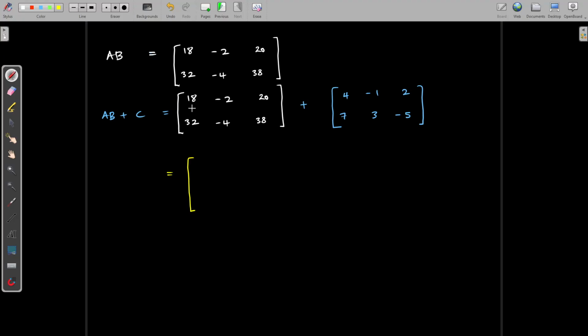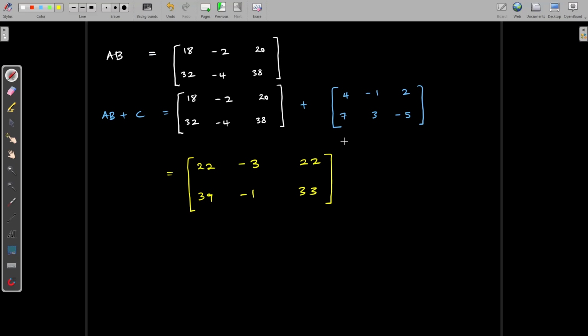So 18 would correspond with 4. So this is the first thing in this matrix. First thing here, we add them. That's 22. This with this, that's negative 3, 22, 39, negative 1, and 33.